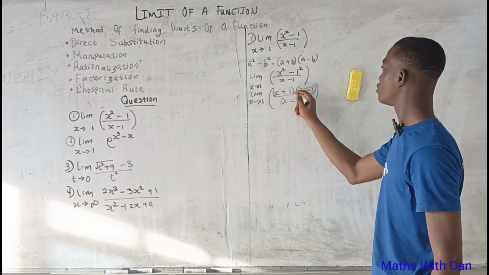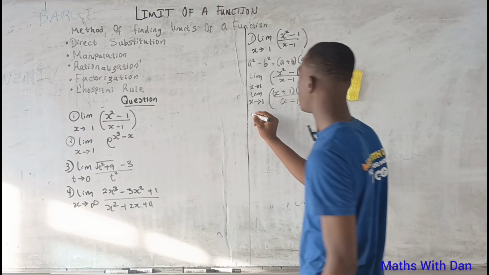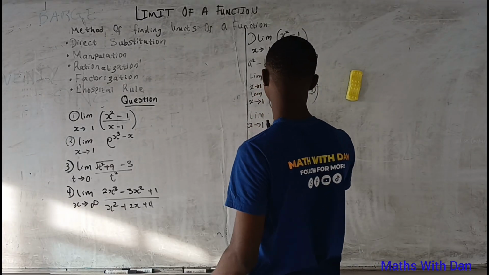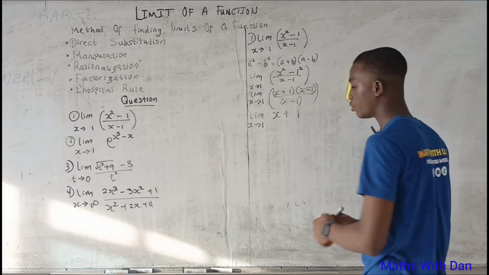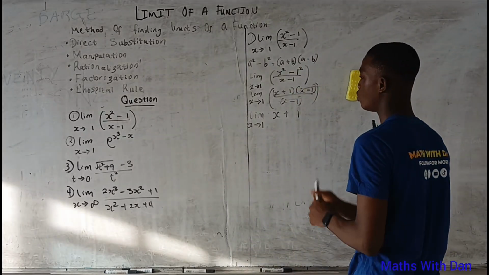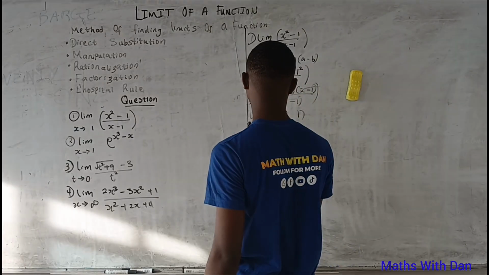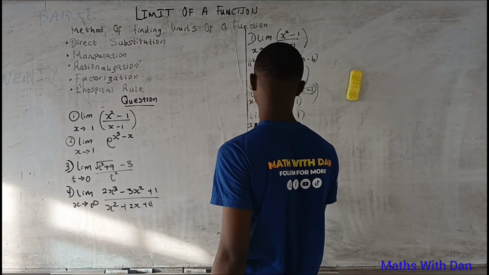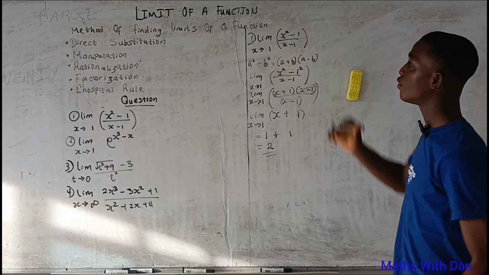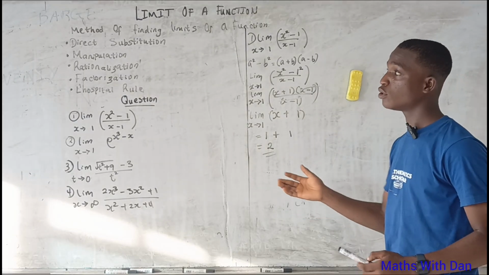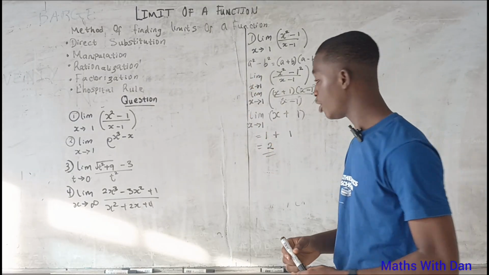So this is going to cancel this, and you'll be left with x plus 1. So you now have limit of x approaching 1 of x plus 1, so you are going to substitute directly. Then you are going to have 1 plus 1, which equals 2. So the limit of this function is 2, using the factorization method.